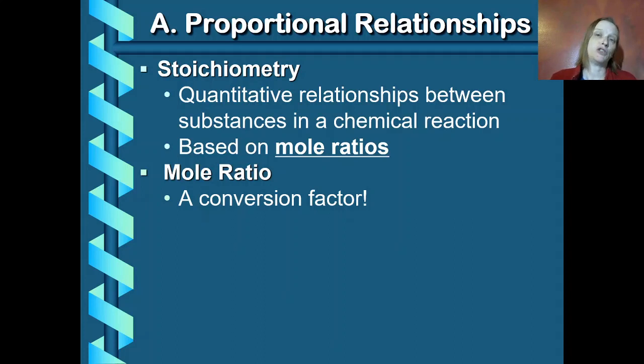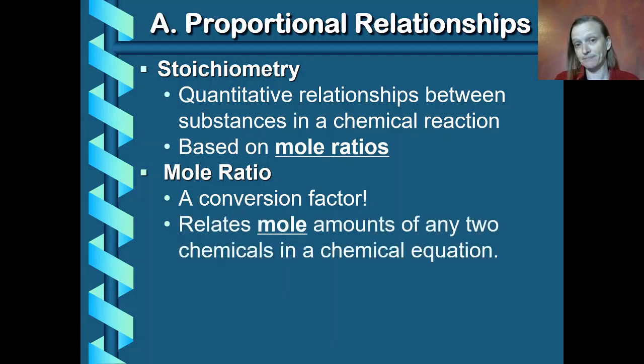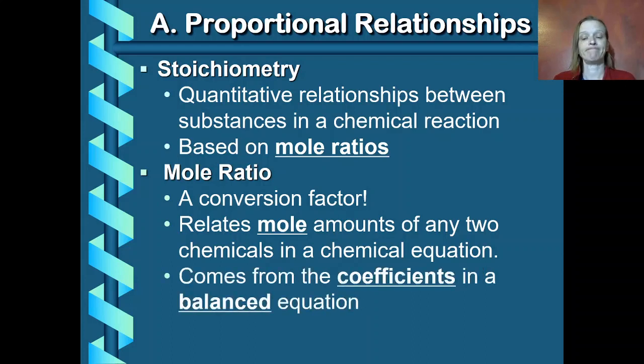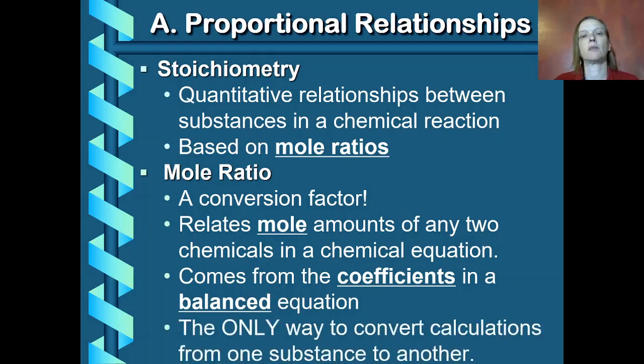This mole ratio is going to be a conversion factor that we use in dimensional analysis. It's going to relate the mole amounts of any 2 chemicals that are in that balanced chemical equation. I've already said that it comes from the coefficients of the balanced equation. And this is the only way that you can convert from one substance to another substance in a chemical reaction.